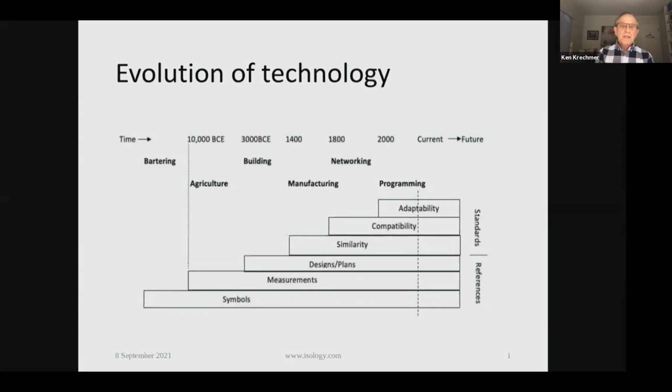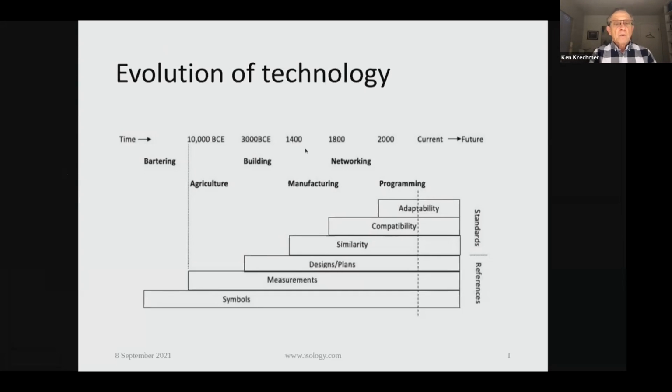And so these symbols start to emerge very early. And I suspect, and a number of notable archaeologists suspect, that these symbols are the beginning of communications and bartering, that the real purpose of these symbols is to say what's available, and therefore valuable for bartering purposes.